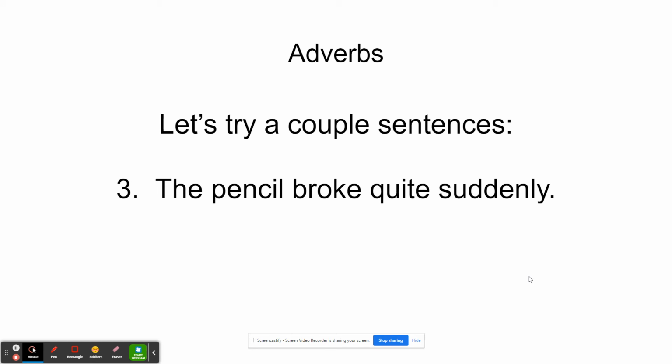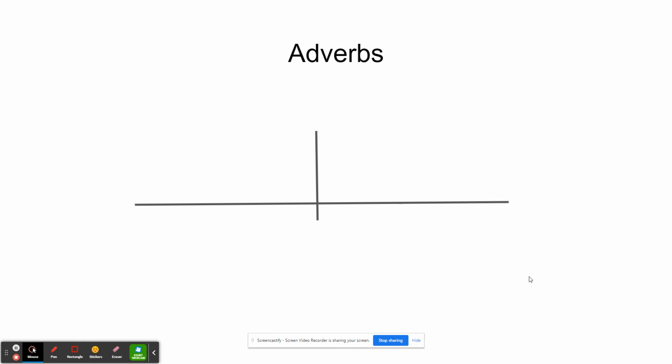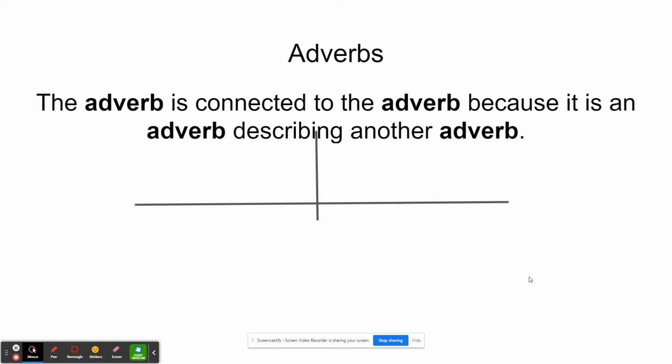The pencil broke quite suddenly. All right, press pause and try this sentence. All right, ready to check? Listen to my questions. What action is happening? Broke.